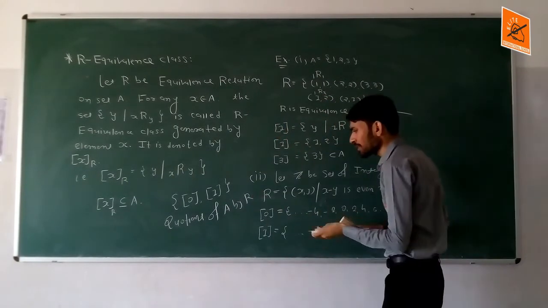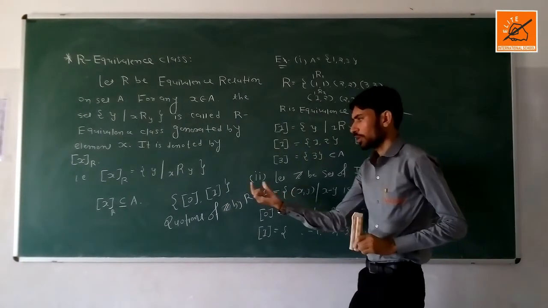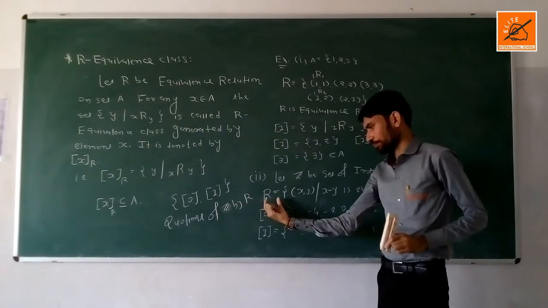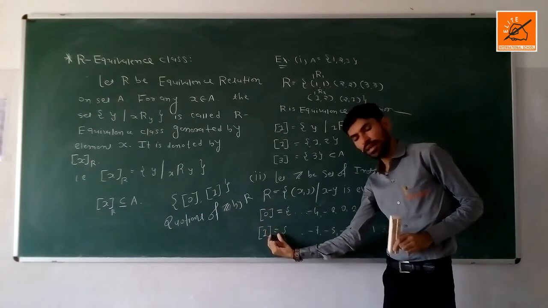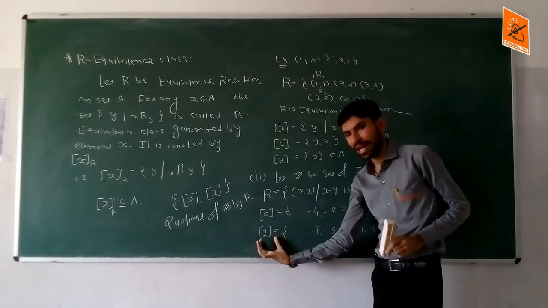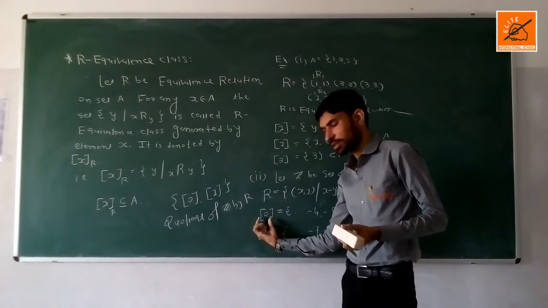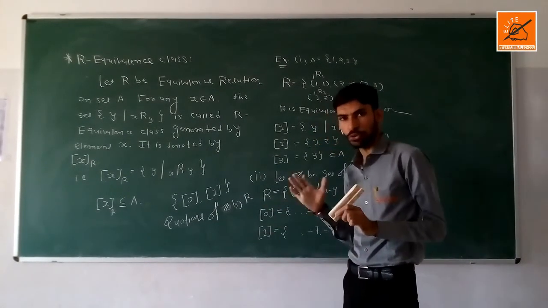Here our A is Z. So we find the equivalence class of 0 and of 1, and the equivalence class of 2, the equivalence class of 3 is either 0 or 1, so there is no need to write them.